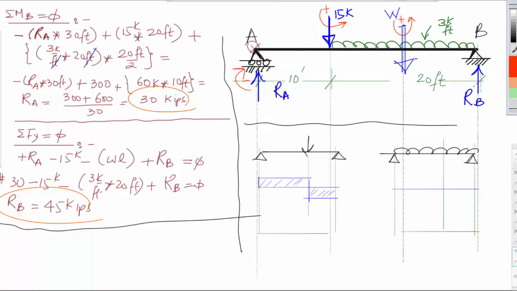And the bending diagram for point load was something like this. Just keep that in mind. This is P. Now for uniform load, the shear diagram was like that, and then this went up like that. That was the shear diagram. And for bending moment, it was something like that.